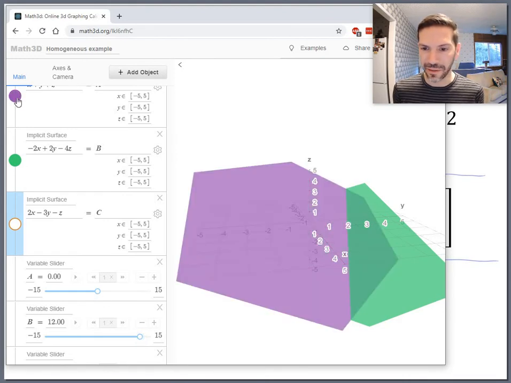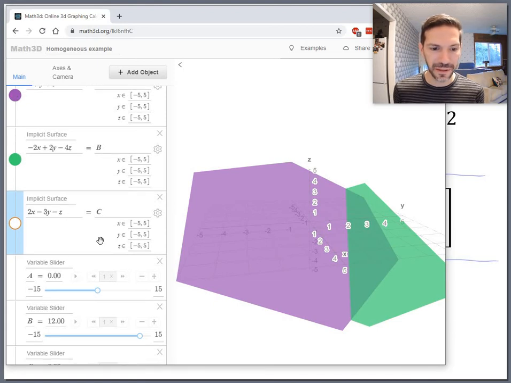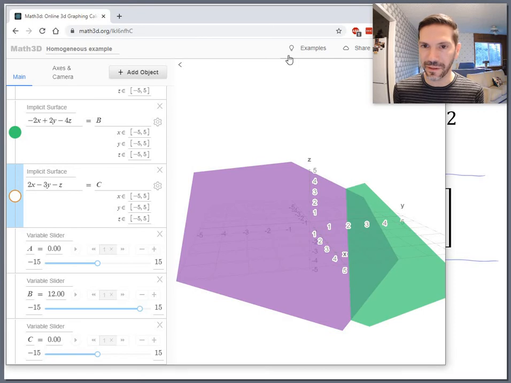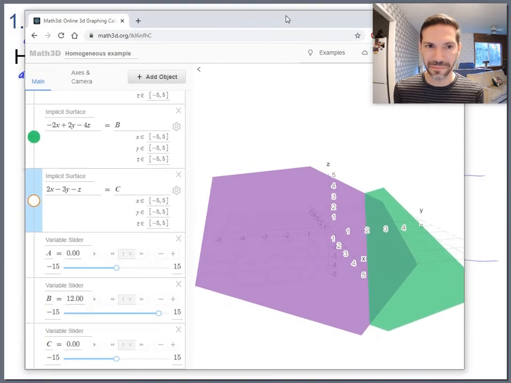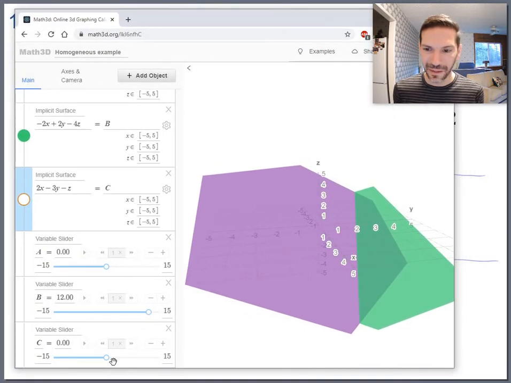And A was already at the right spot, still being equal to 0. And C needed to equal, I forgot already, was it 7? Yeah, 7. Okay, so let's turn C back on and slide it over to 7. I can't get it quite to land on 7.